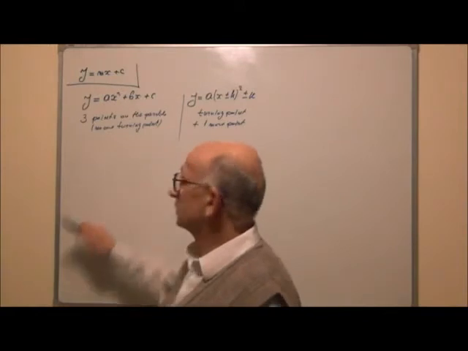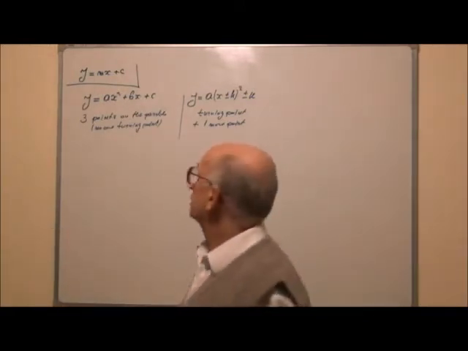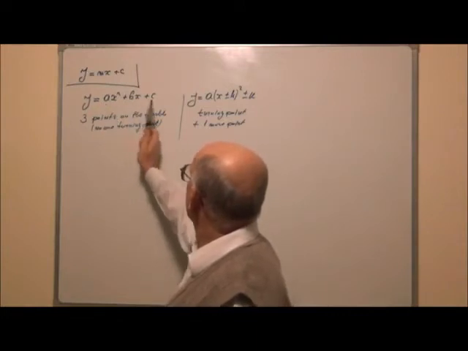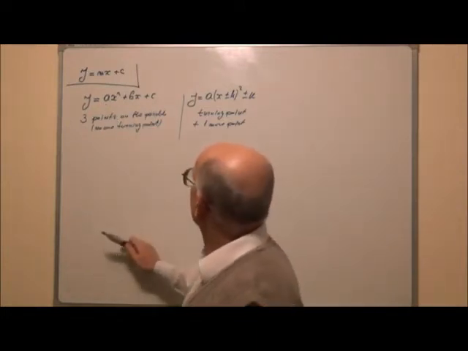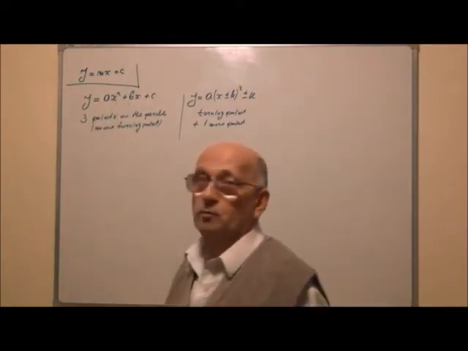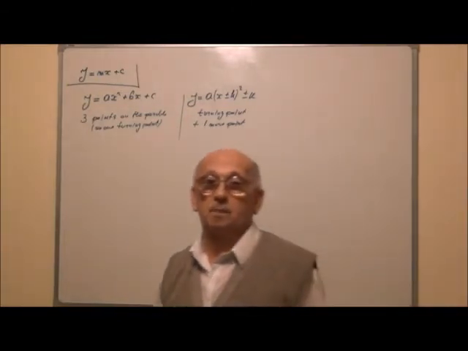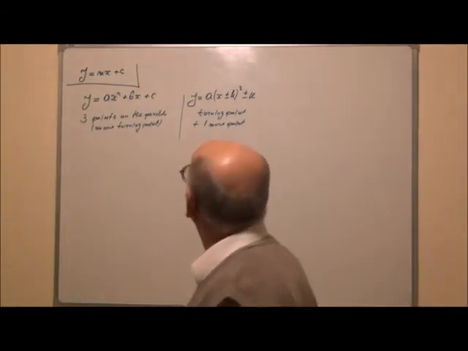Solving those 3 simultaneous equations, we will find the values of a, b, and c, and simply we can replace those values in our standard form, and by that we will finish the question. We will have the equation of the quadratic function.